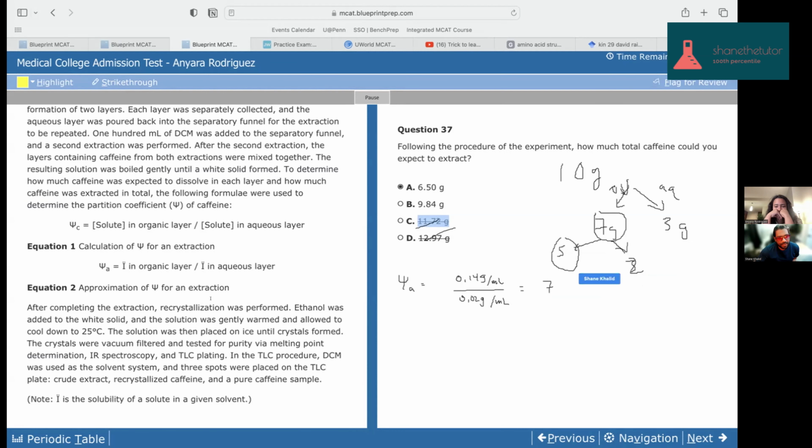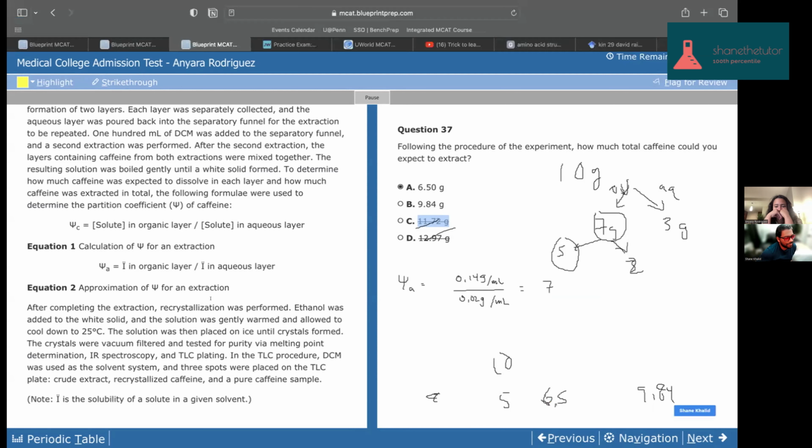If we start off with 10, 5 is in the middle, right? 6.5 is here. 9.84 is here. So if it's going to be more so in the aqueous layer, it'll be closer to the 6.5 than it is to the 9.84.